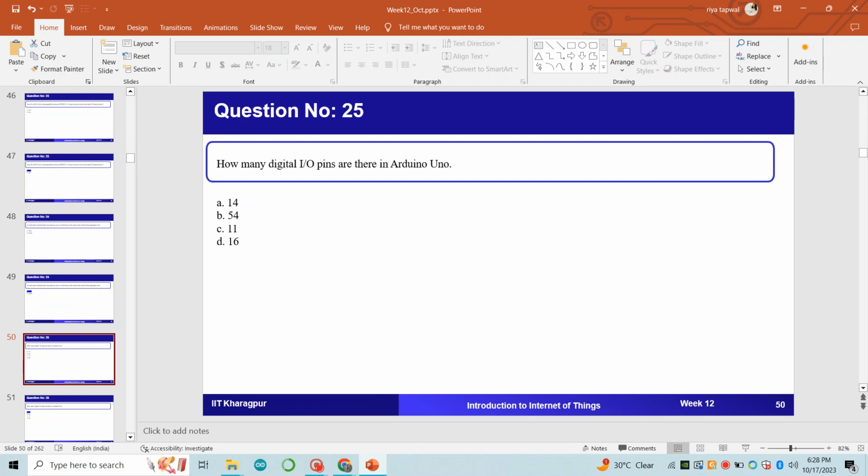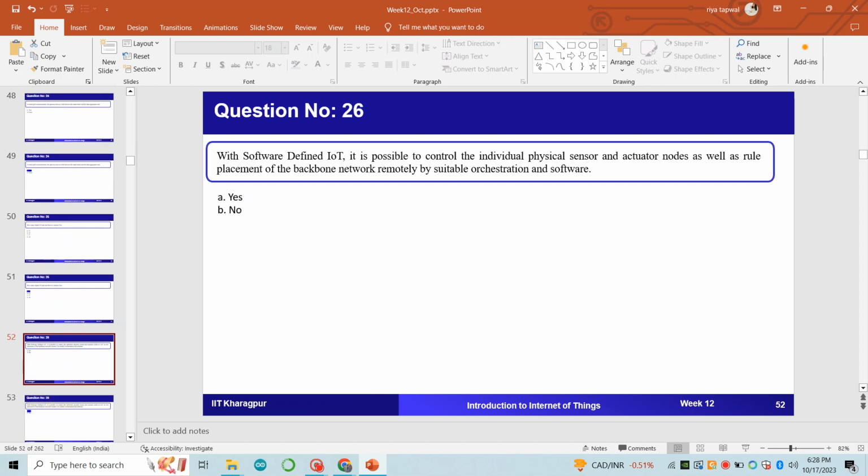Next question is, how many digital input output pins are there in Arduino Uno? Option A, 14. Right, A is correct. 14 digital input output pins are there in Arduino Uno.